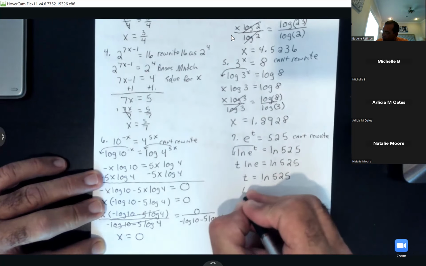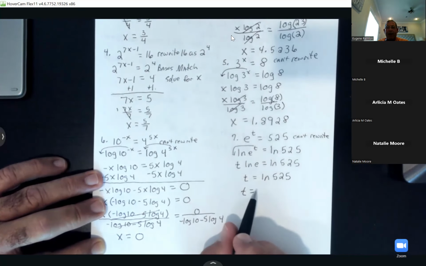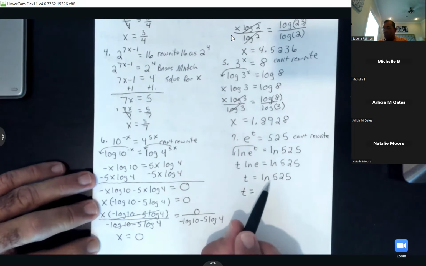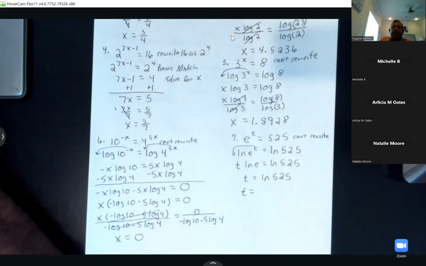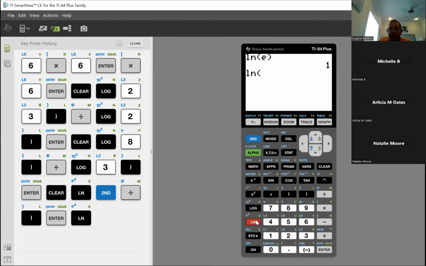All right, y'all. So to get our final answer, it says round it to 4 decimal places. We're going to go figure out what the ln of 525 is. So let's hit that calculator. Hit our ln, 525, hit enter.